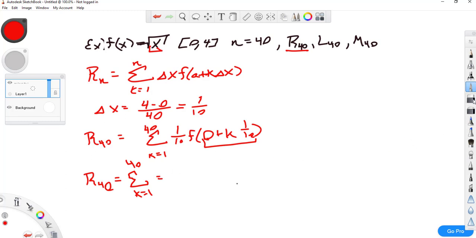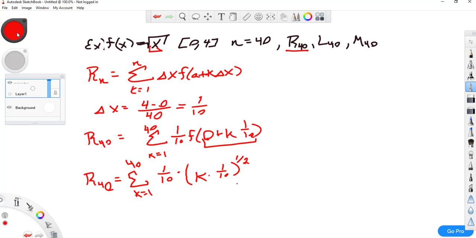Oops, didn't mean to write equals there. 1/10 times, and if I'm plugging this into the square root, I can either write the square root, or something I like to do a little bit better, it doesn't matter, you can write this as k times 1/10 to the 1/2 power. By the way, either way works, it doesn't really matter. Okay, so that's going to give us R40.